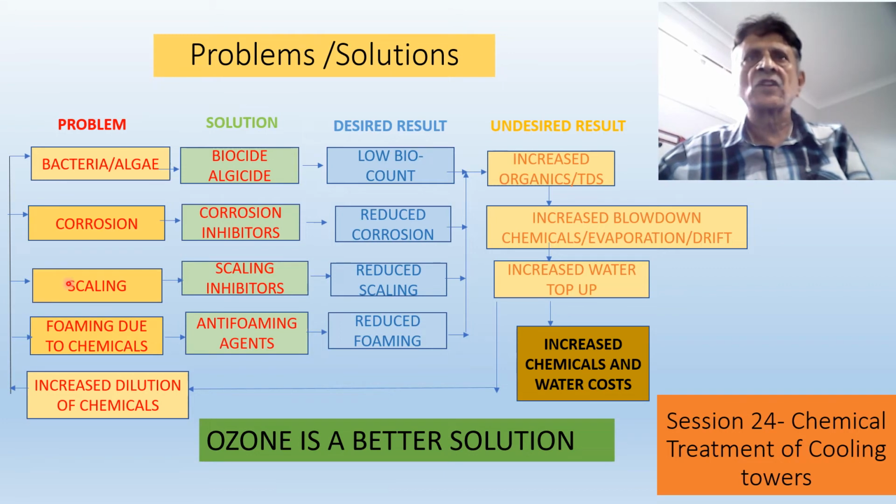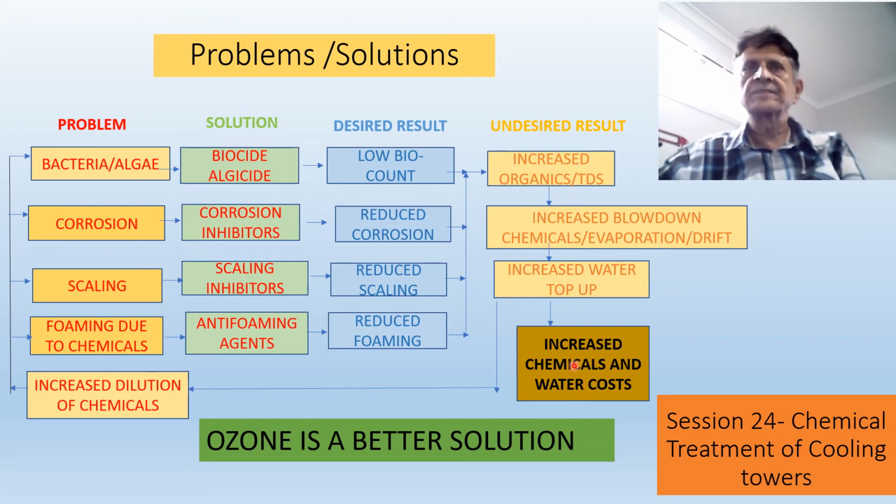In order to solve the problem of scaling, you have scaling inhibitors, reduce scaling, and of course increase TDS, and you get increased blowdown and increased top-up water and increased chemical costs.